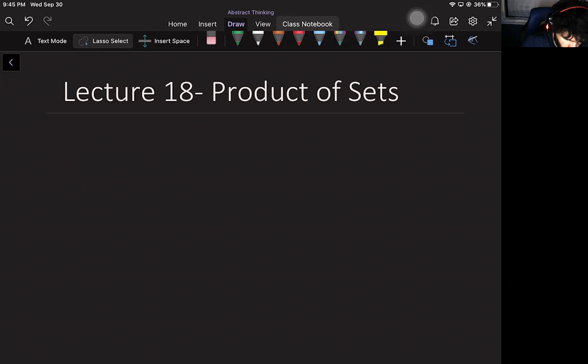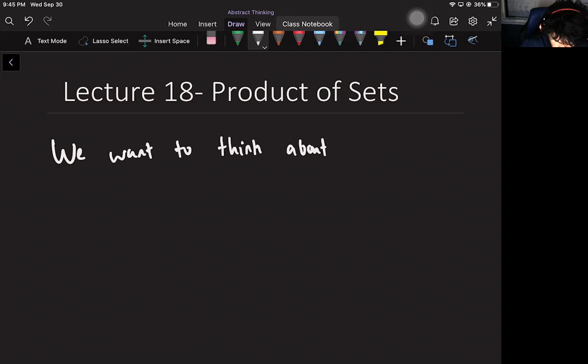The idea behind why we might consider these things is really because we want to think about ordered pairs. They're a very useful thing. So what are they?